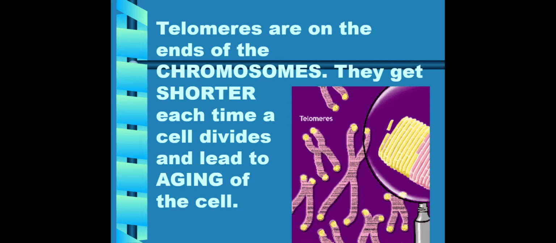And so there's a lot of research going on into telomeres right now. Are there things that we can do to make telomeres longer? Because the longer your telomeres are, the longer your cells will live. And then we assume the longer you would live. So there are things you can do to lengthen your telomeres, like people who exercise more.